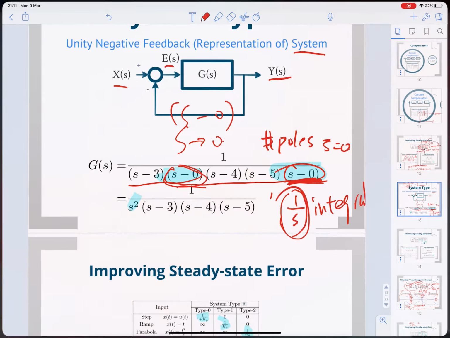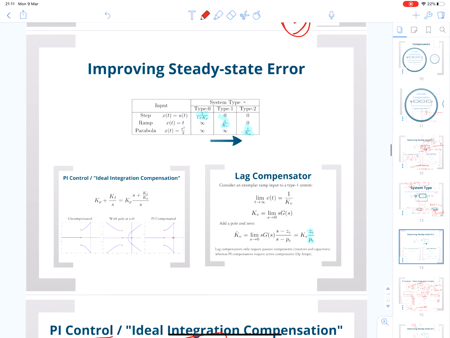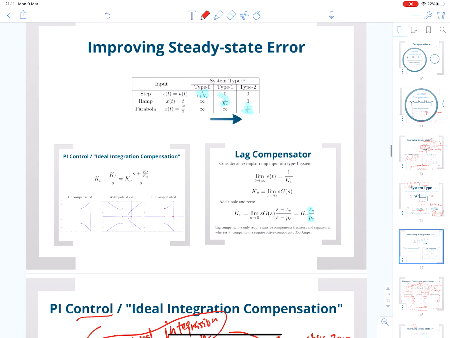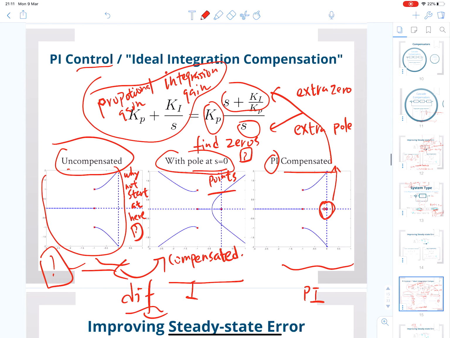So the thing is, improving the steady state error, we have the ideal integral compensation, the uncompensated with the pole at s equals 0, PI uncompensated, and let's assume that is fine, okay?